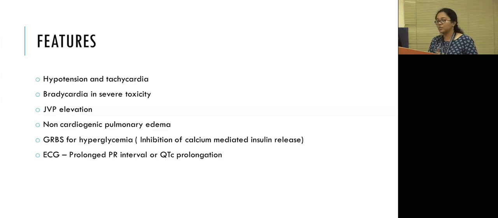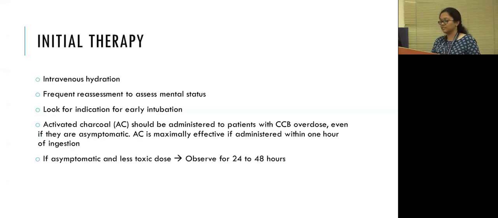They can have features of fluid overload, JVP elevation, and non-cardiogenic pulmonary edema secondary to vasodilatation in the pulmonary capillaries. They can have hyperglycemia on GRBS, because amlodipine also blocks the calcium-mediated insulin release in the pancreas. On ECG, they can commonly have a prolonged PR interval or QTC prolongation.